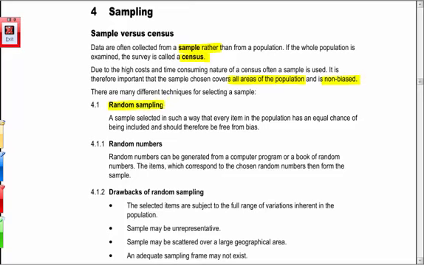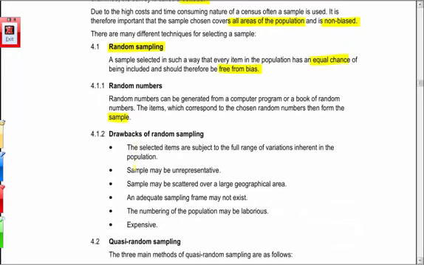The first one then is random sampling, and everything and everyone in the population has an equal chance of being included, so this should ensure that it is free from bias. And it can be done using random numbers, which might come from a computer program or a book of random numbers, and that's what enables the sample items to be selected.